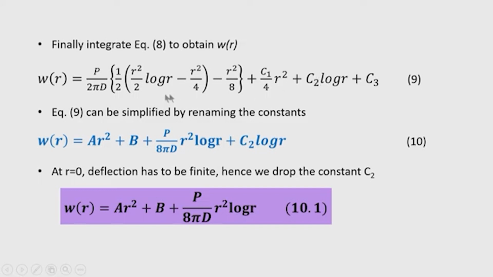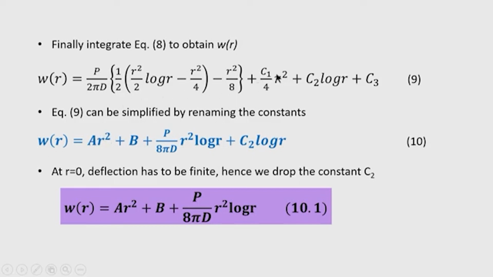So, what happens here, you can see that there are terms which contain P, that is the load. There are terms which contain r square log r. There are terms which contain only r square, and there is also a term which contains only log r and only a constant. So, the constants can be clubbed together, and we can write W(r) equal to A r square, that is the r square term.